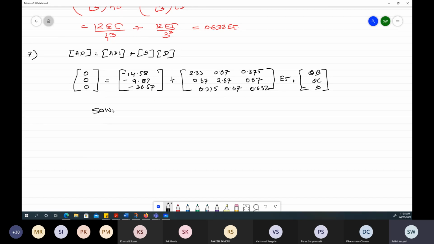Solving this, we get theta B, theta C and delta.